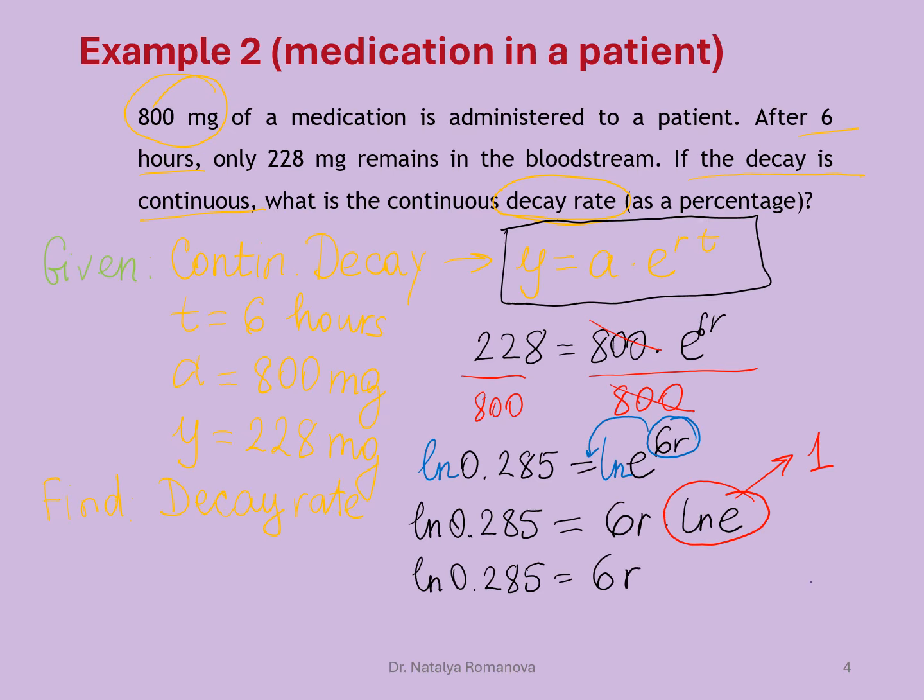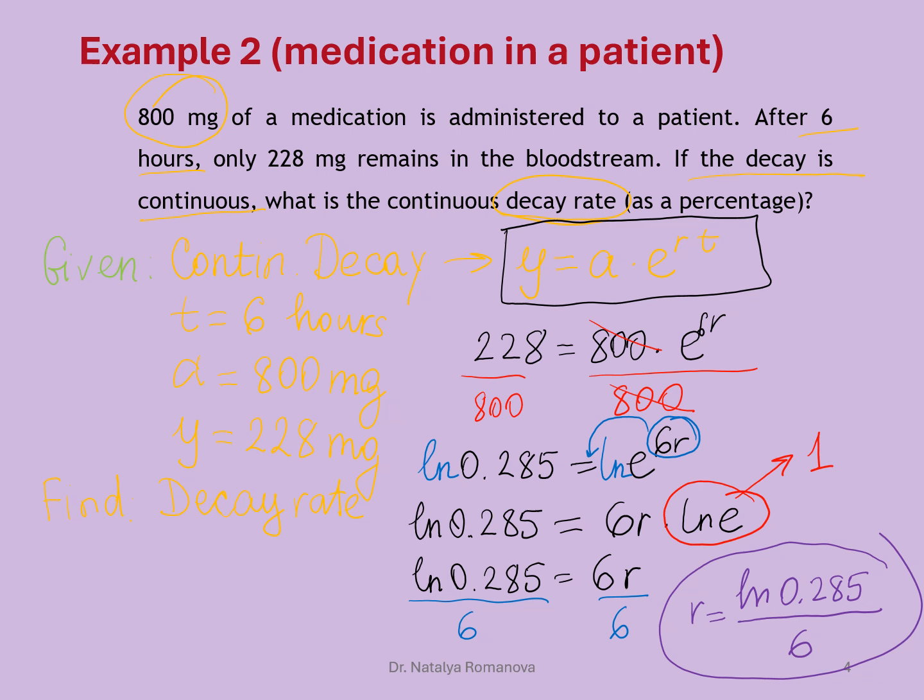We need to isolate r because our goal is the rate, so we will divide both sides of our equation by 6. So r equals ln 0.285 divided by 6.